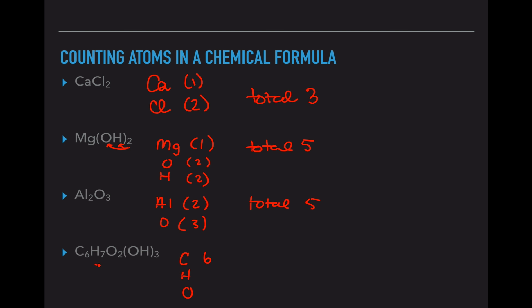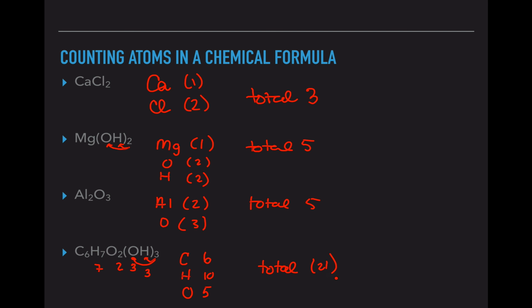Right here, I have 7 H's, and according to this parentheses, I have an additional 3 on this side. So that's a total of 10 H's. Right here, I have 2 O's, and according to this parentheses, I have 3 inside the parentheses. That's a total of 5. And with this long molecule, we have a total of 21 atoms making up that element.